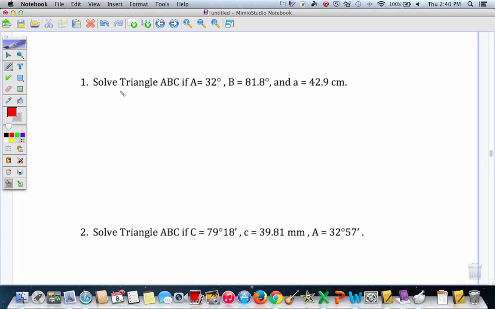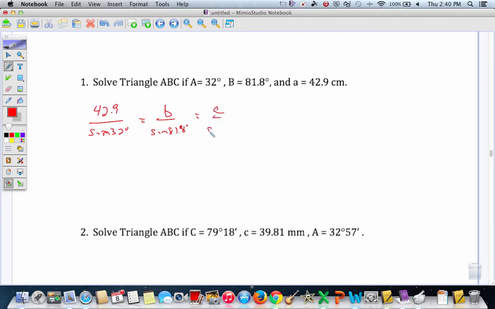Solving our triangles, we're going to find all of our missing sides and angles. Angle A is 32 degrees, B is 81.8, and side a is 42.9. So I'm going to set that up: 42.9 over the sine of 32 degrees equals side b, which we don't know, over the sine of 81.8 degrees.